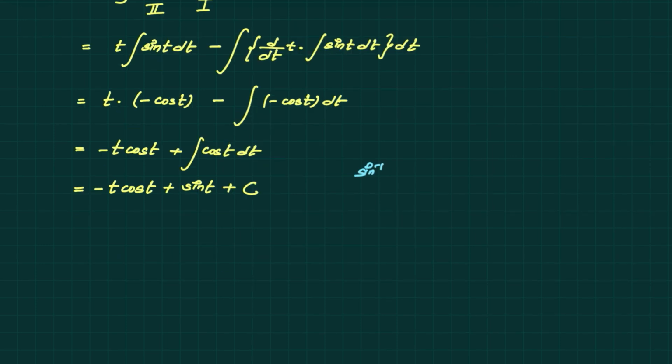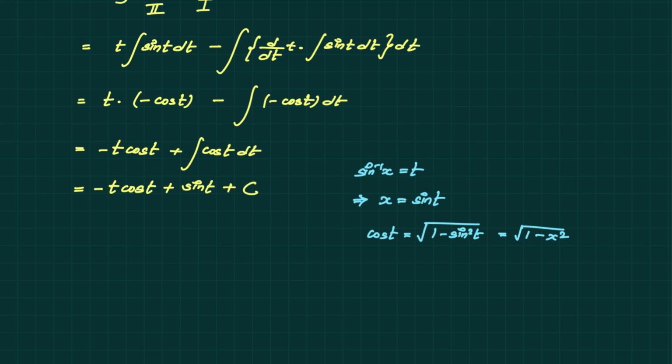Sin inverse of x was t, so from here x equals sine of t. Now here we can see that if sine t equals x, then we can write the value of cos t to be square root of 1 minus sine square of t, which is from the identity, and hence cos t can be written as square root of 1 minus x square because sine t is x.